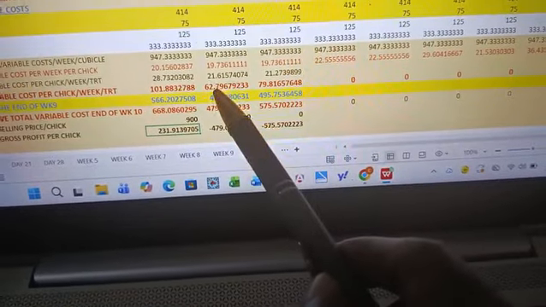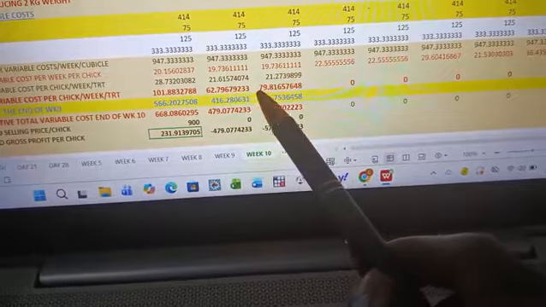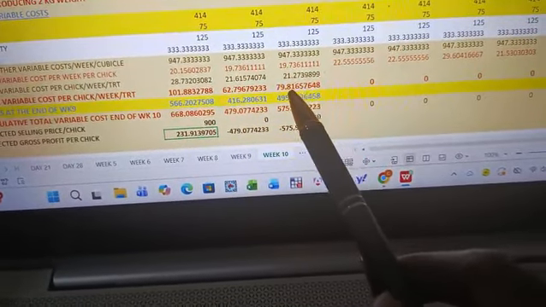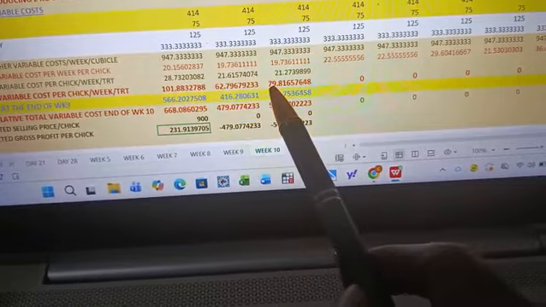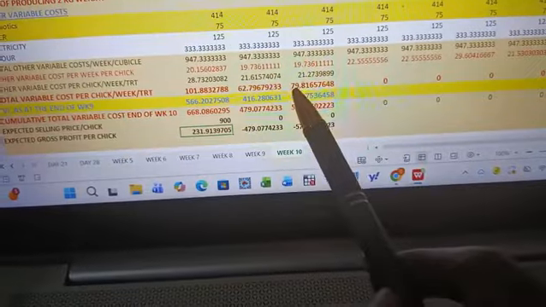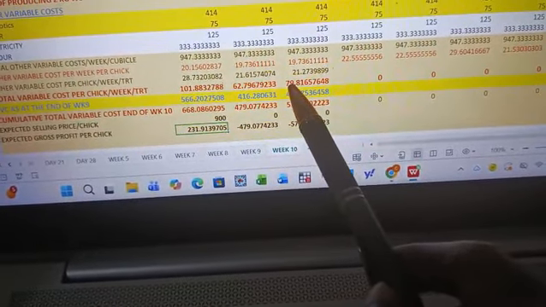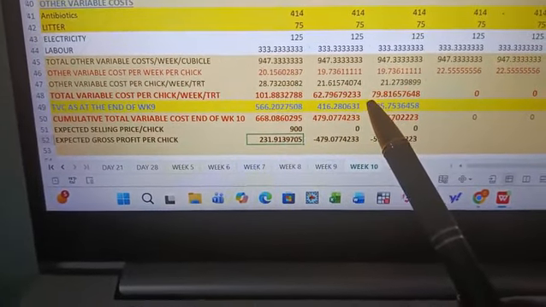This cost includes feeds and other costs that we have seen up there. And then those that were feeding on growers mash, by the 10th week, made the farm to incur 79 shillings per bird on that particular week.